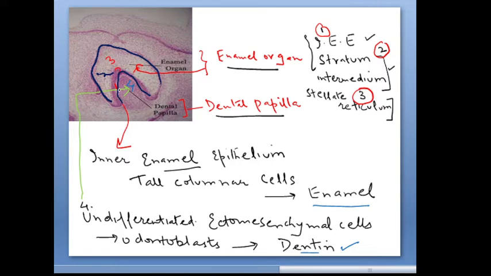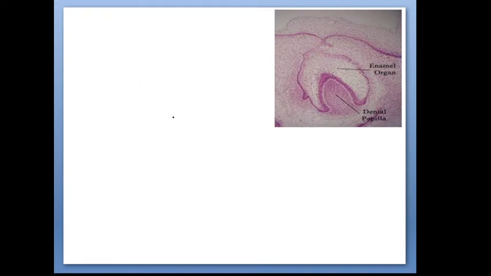This inner enamel epithelial cell layer is composed of tall columnar cells and it forms enamel. Whereas dental papilla is composed of odontoblasts and it gives rise to dentin. With time, the dental papilla also gives rise to pulp.